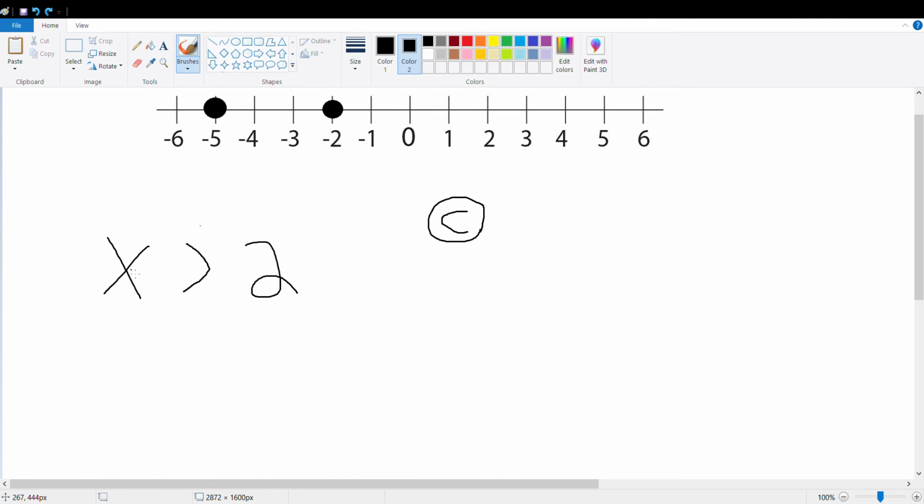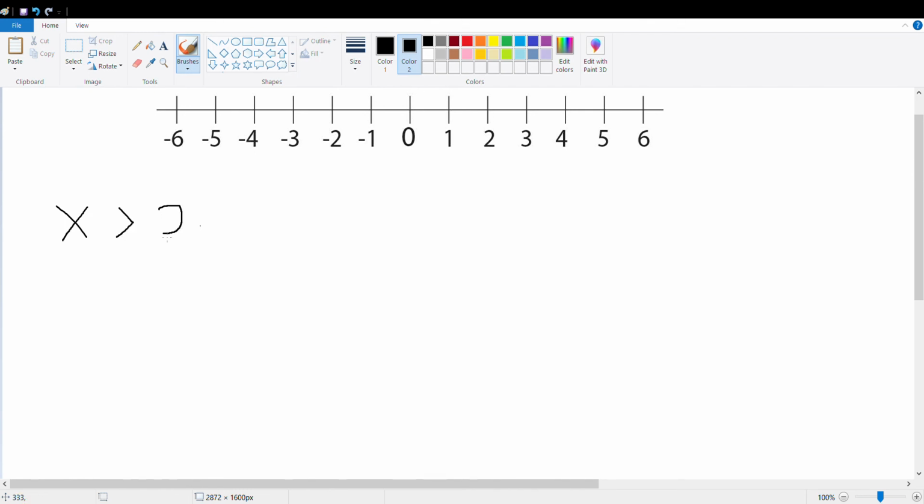Going forward, we'll clear this off so we can have an empty spot. On page 229, if you have your textbook, where it says example 72.1, this is going to be example 1. It says graph, and I'm going to write it here so we can see it: graph x is greater than 2.